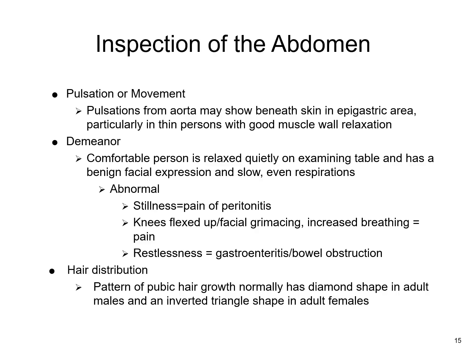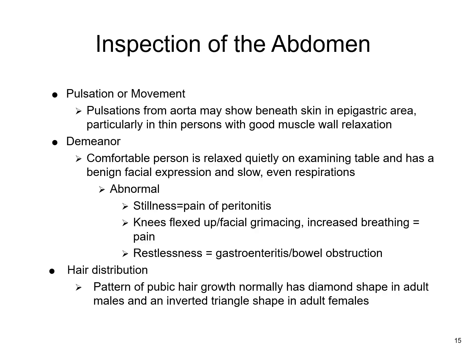Some abnormal signs to watch for during the abdominal assessment is stillness. If the client is laying extremely still and it looks like they're afraid to move, because if they move, they're going to hurt. This can be caused by pain of peritonitis. You want to pay attention to their knees.